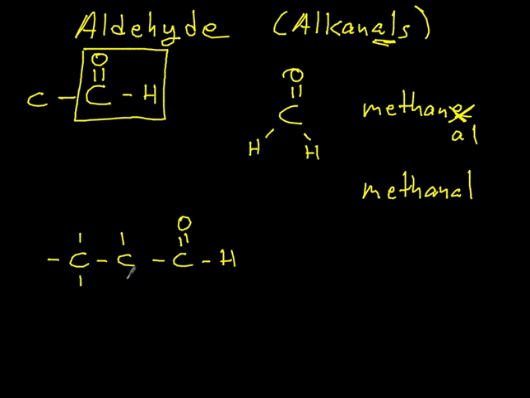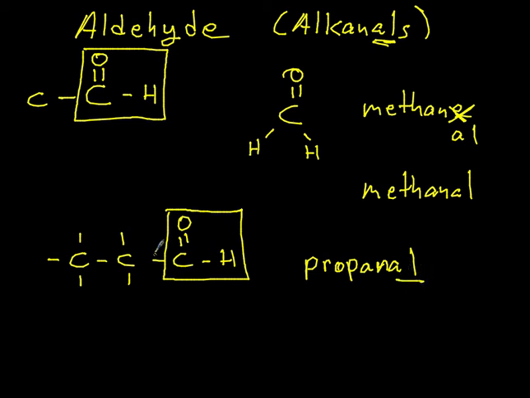Here's another aldehyde, and again, there's our functional group right there, a C double bond O to an H. That carbon has a double bonded O and an H on it. We have 3 carbons in this case, so it's propane, but we're going to drop the E and replace it with -al. So it becomes propanal. So anytime you see an -al ending, we have an aldehyde.